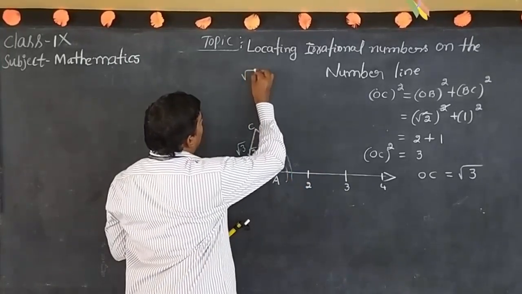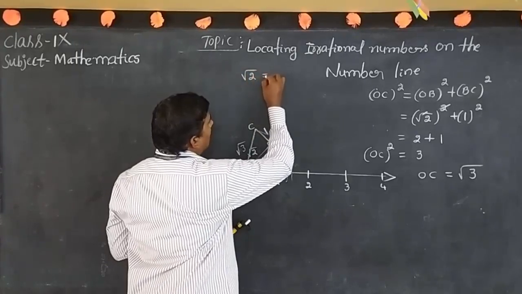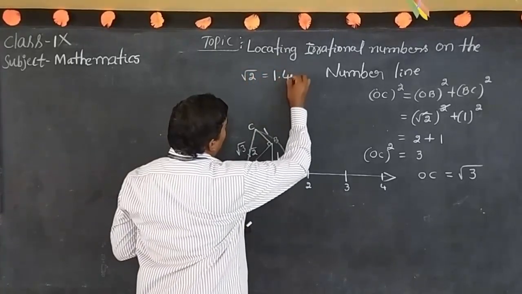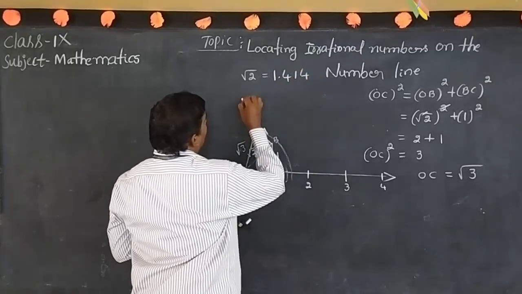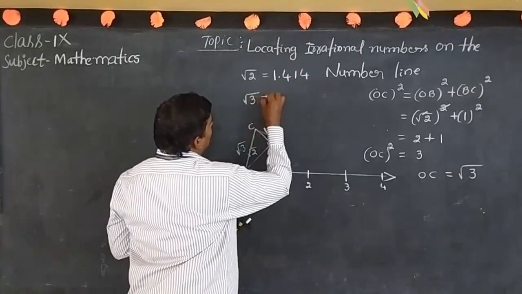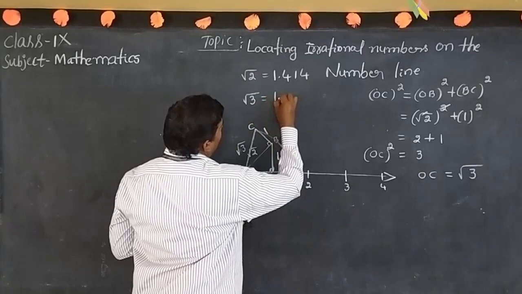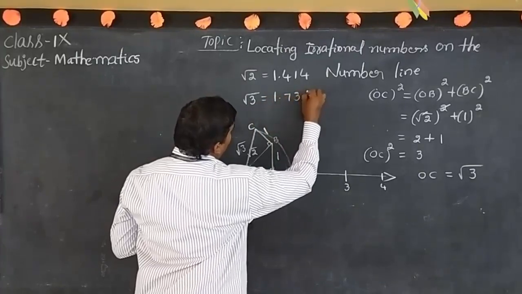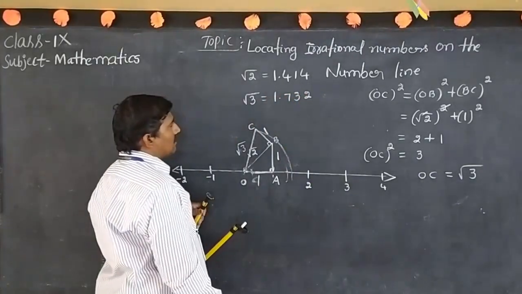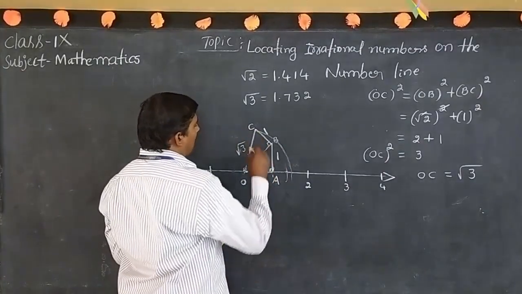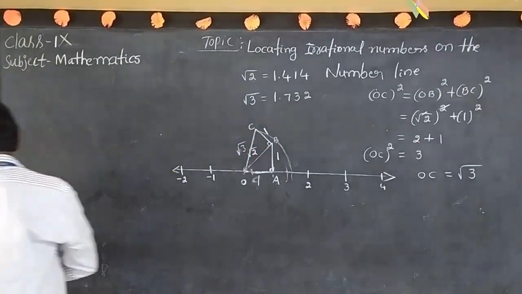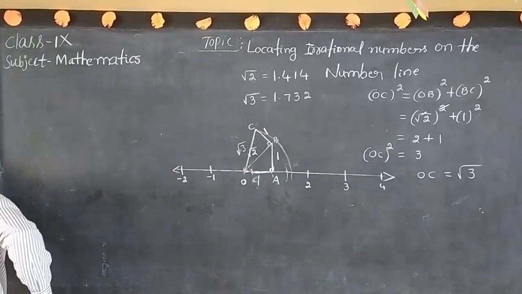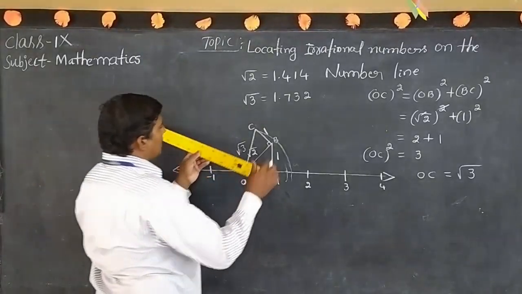Now, I told you root 2 is equal to 1.414, root 3 is equal to 1.732. Like that only we will take still more values. Then the spiral comes for us.